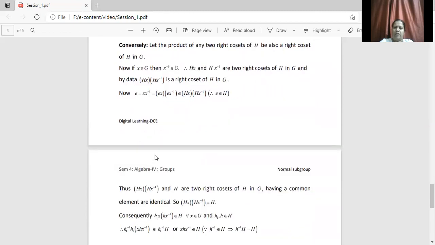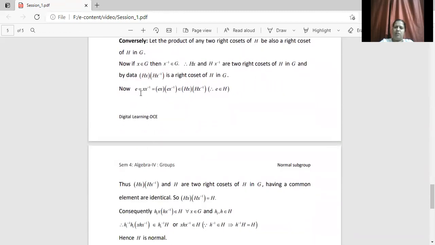Now, we'll have the identity element e, which can be written as x into x inverse, or we can write it as ex into ex inverse. That belongs to Hx into Hx inverse, because e is an element of H here. Therefore, ex into ex inverse belongs to Hx into Hx inverse.